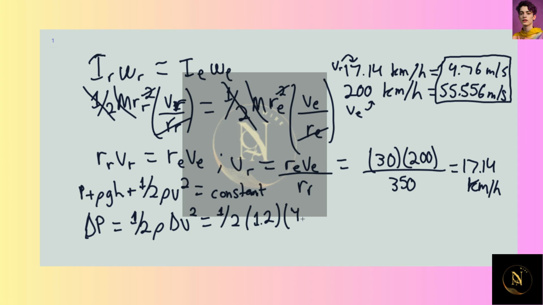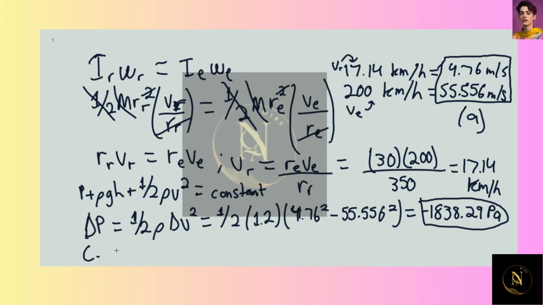So it'd be 4.76 squared minus 55.556 squared. And once we find this, we can see that there's a negative change of 1,838.29 pascals. So if this was the answer for part A, this is the answer for part B.